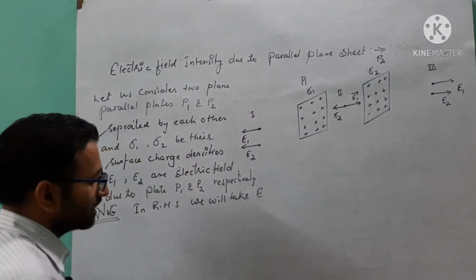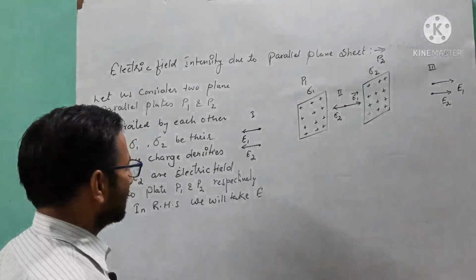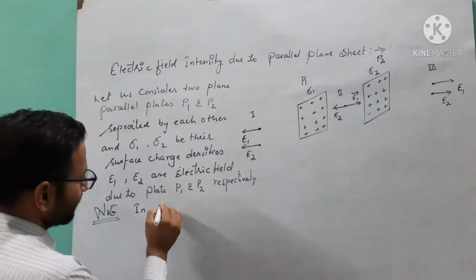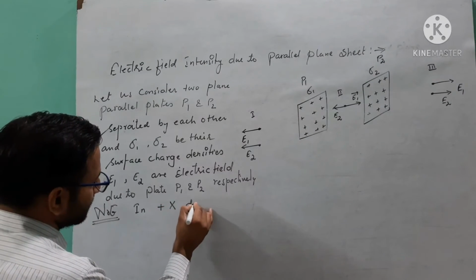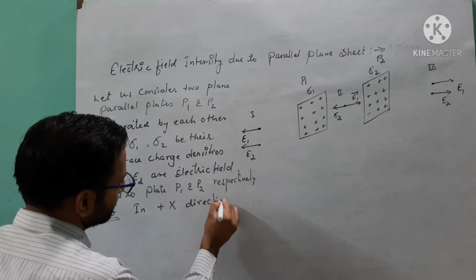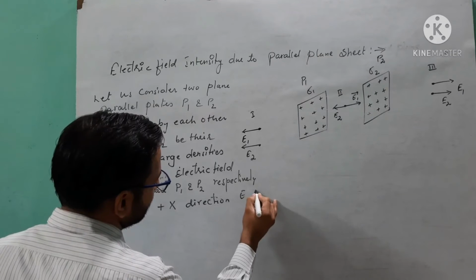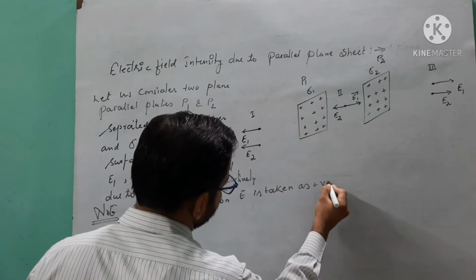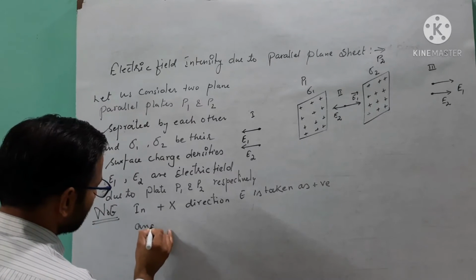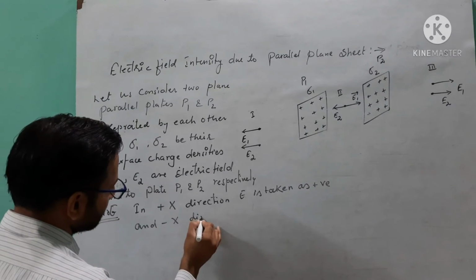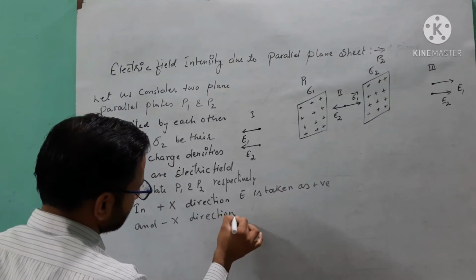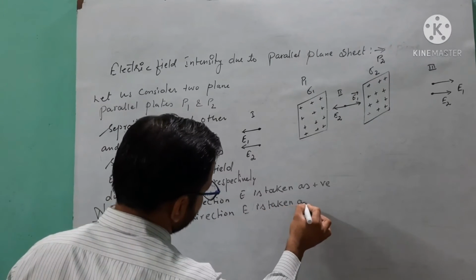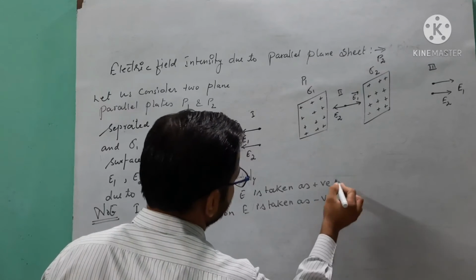You can say like this also: in the plus x direction, from the diagram, E is taken as positive and in the negative x direction E is taken as negative.